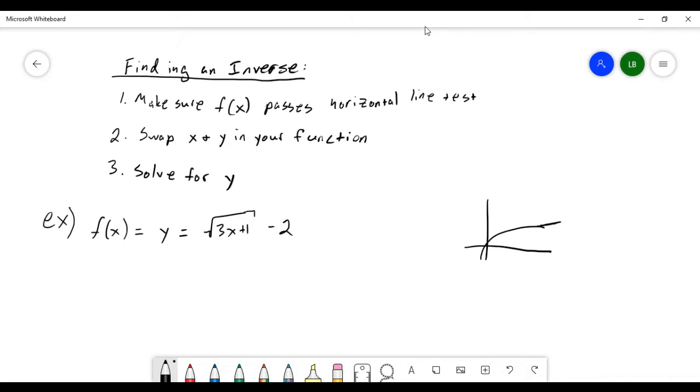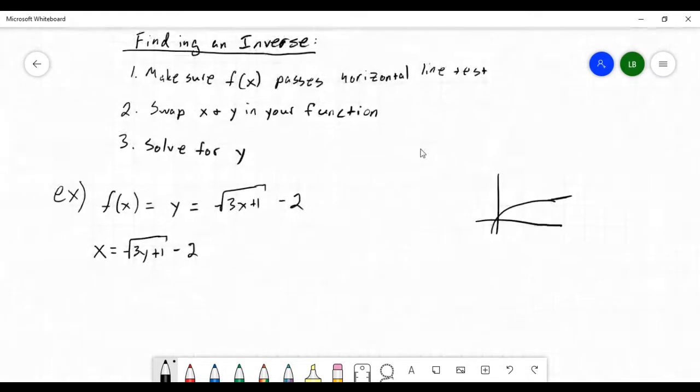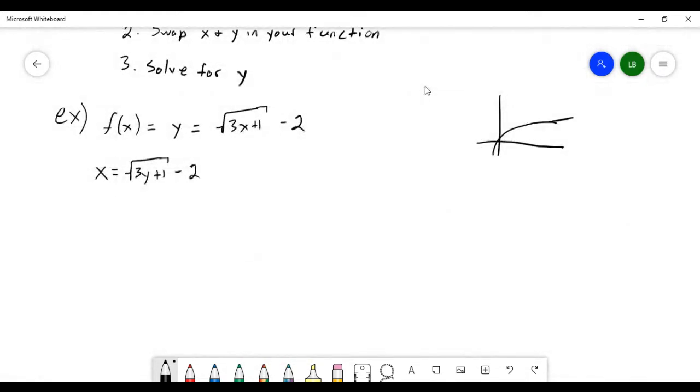So instead of writing y equals the square root of 3x plus 1 minus 2, we would write x equals the square root of 3y plus 1 minus 2. Our final step is to solve for y. So we need to first add 2 over. Then we square both sides.